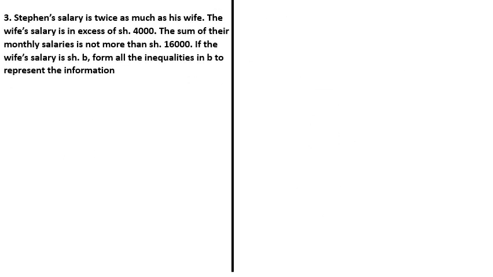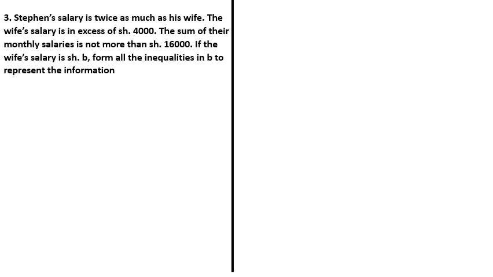Example number 5. Stephen's salary is twice as much as his wife's. The wife's salary is in excess of 4,000. The sum of their monthly salaries is not more than shillings 16,000. If the wife's salary is shillings B, form all the inequalities in B to represent the information.